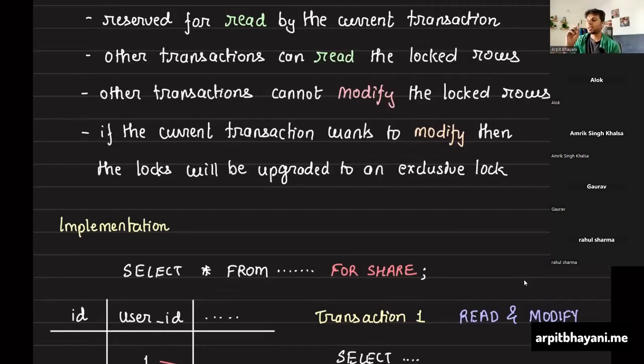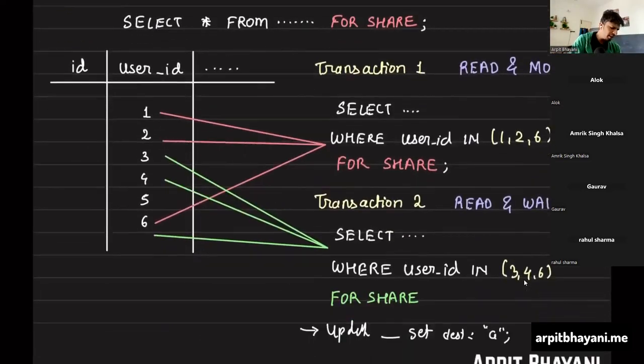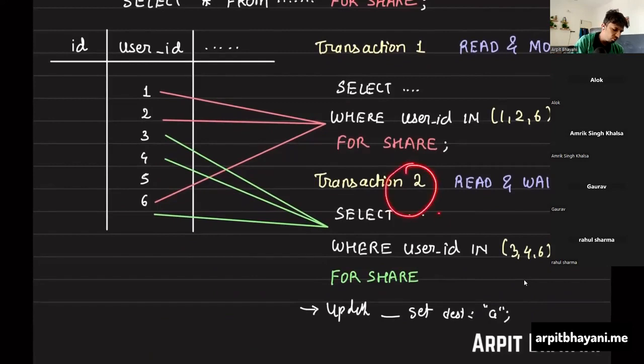Now, what happens when a transaction tries to modify it? Let's say transaction 1 has the read lock on rows 1, 2, and 6. So this command completed successfully, and transaction 1 has a read lock on 1, 2, and 6. Now, what would happen if my transaction 1 itself tries to modify those rows? In that case, the read lock gets elevated to an exclusive lock, and only then does the modification happen.